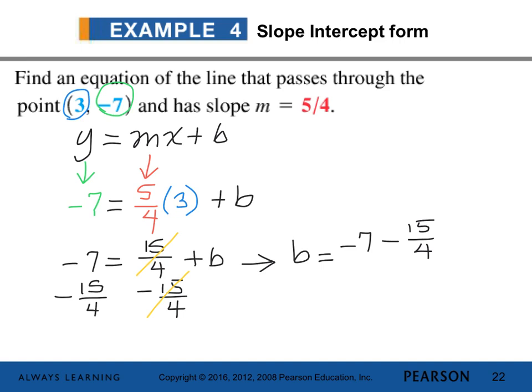Now at this point you have some choices. You can do the arithmetic or you can use your calculator. I'm going to do the arithmetic just as a reminder of how to do it. In order to do this subtraction, I need to have a common denominator. And in order to have that common denominator of 4, I need to multiply both the 7 and the 4, or 7 and the 1, by 4.